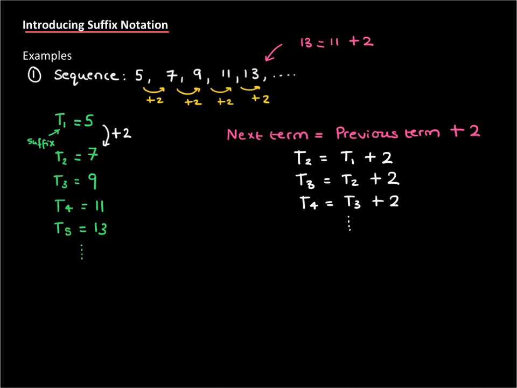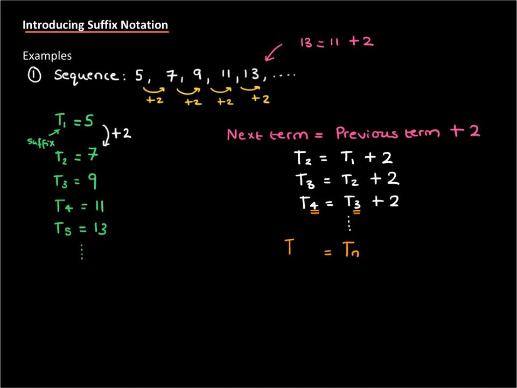But what I would like to do is aim to generalise this and write down a more general formula than this. So let's say that a particular term we are talking about is term n. Now, how would I then write the term that comes after it? Well, the suffix would have to be one more than the current term. Have a look at this. If the current term is T3, the next term after it would be T4.